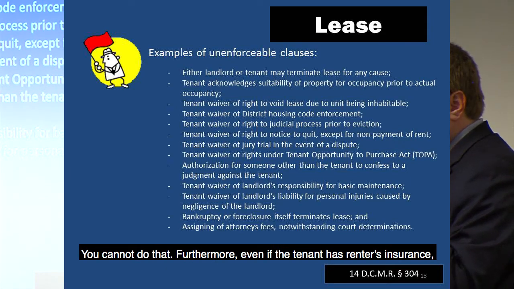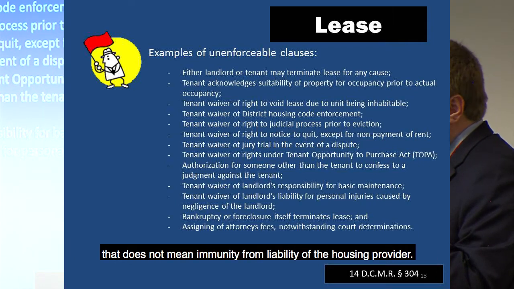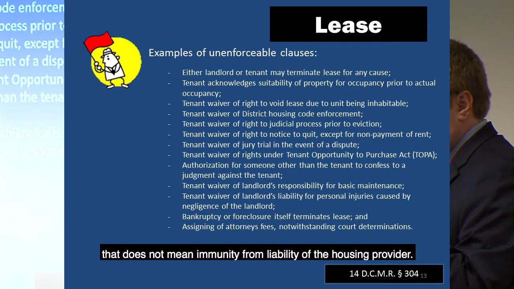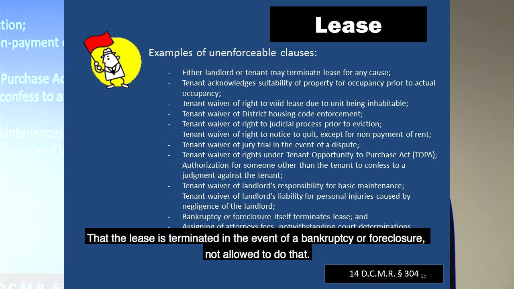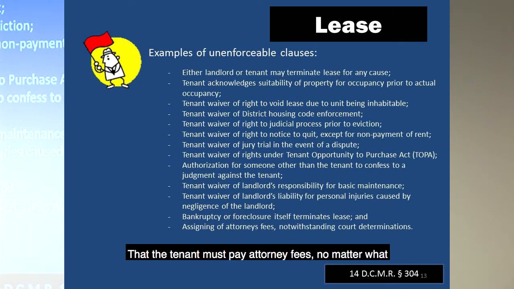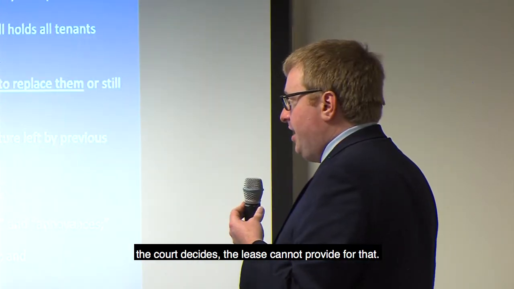Furthermore, even if the tenant has renter's insurance, that does not mean immunity from liability for the housing provider. That the lease is terminated in the event of bankruptcy or foreclosure. Not allowed to do that. That the tenant must pay attorney fees no matter what the court decides. The lease cannot provide for that.